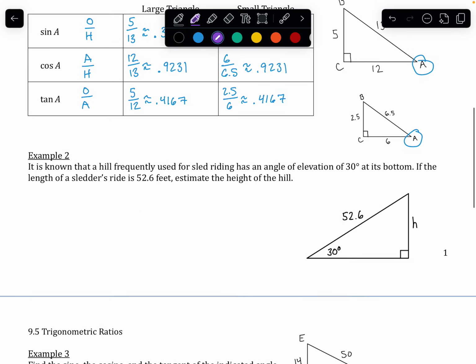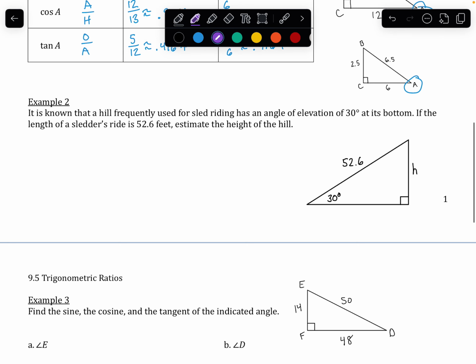Now, I want to figure out a word problem, and I'm going to focus on the angle of elevation. It says it is known that a hill frequently used for sled riding has an angle of elevation of 30 degrees at its bottom. If the length of a sledder's ride is 52.6 feet, estimate the height of the hill.